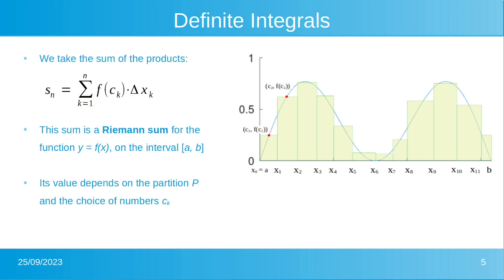If we'd used smaller subinterval lengths, that would have resulted in shorter rectangle bases. And you'd imagine that the sum of the products of f of ck times delta xk would then have a different value. So the value of the Riemann sum depends on the partition P and the choice of the numbers ck.